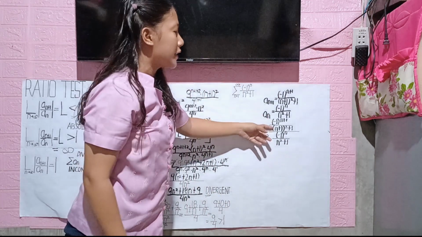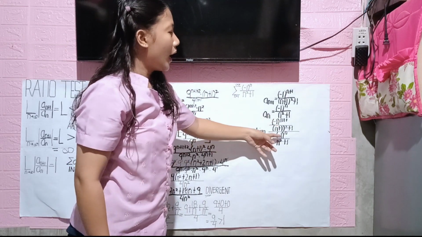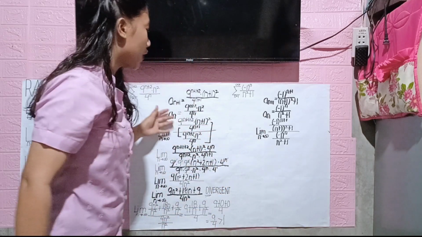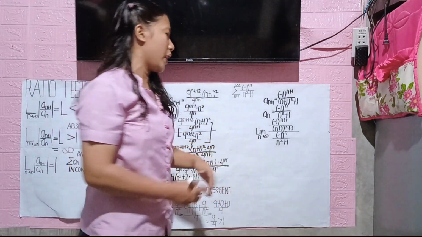So, it is our a sub n plus 1 and it is our original, our a sub n. So, now, we are going to solve it.